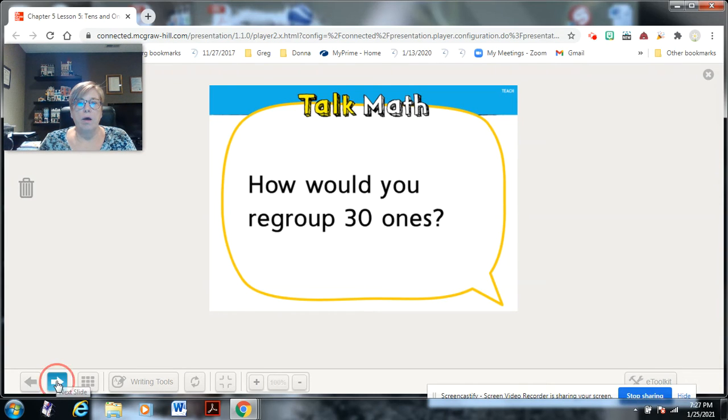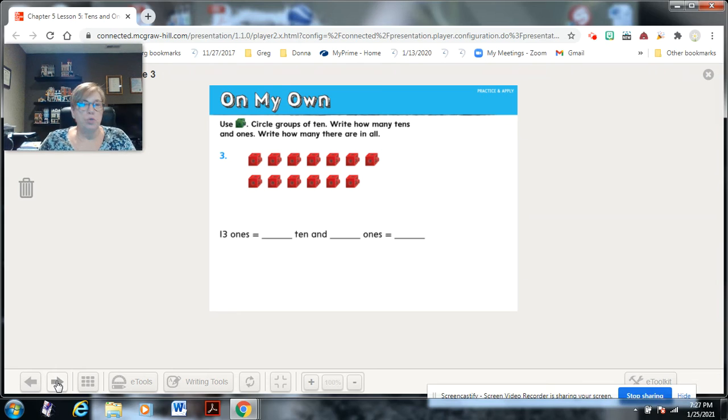Very good. All right, so you are going to work on your own. Now, for numbers 3 and 4, they have the blocks here. So you will be circling the groups of 10 and then write how many there are in all. And then I'll talk to you after you've looked over number 3 and 4. Okay, pause and solve.